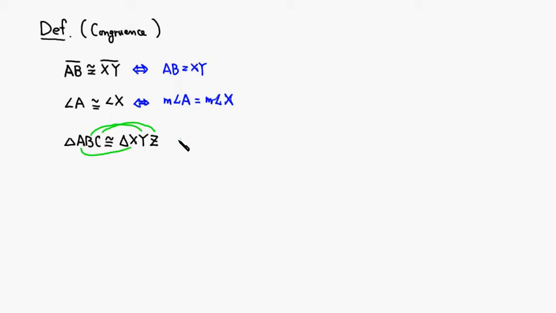In order to establish the congruence between two triangles, we have to make sure of 6 things. First, all three corresponding sides are congruent.